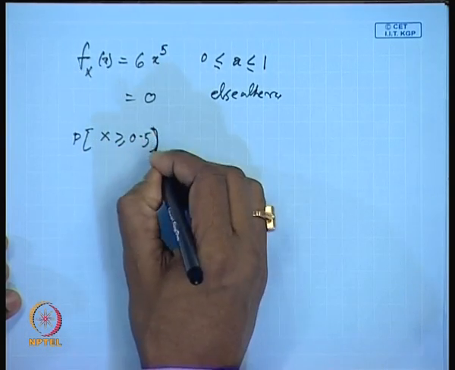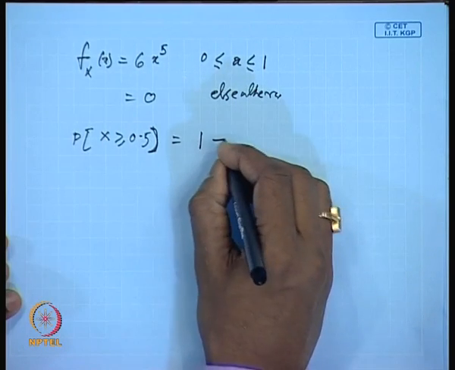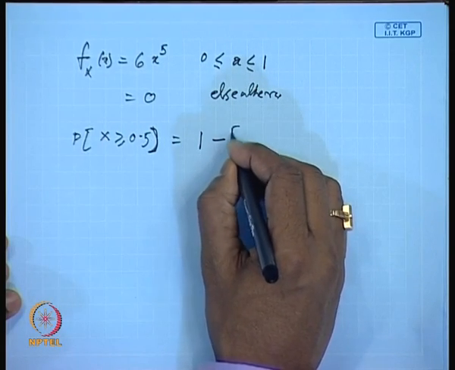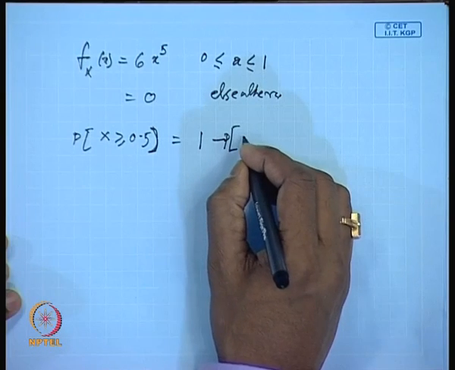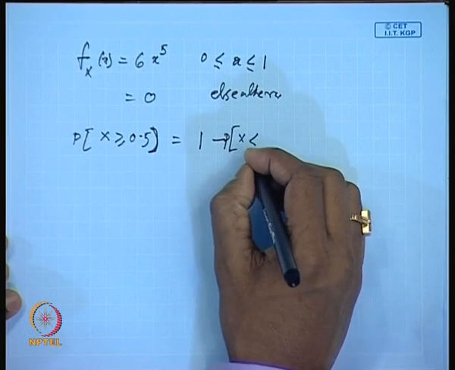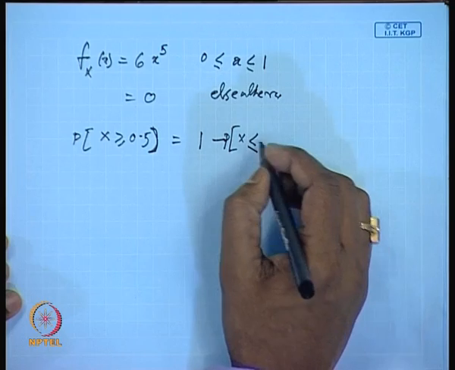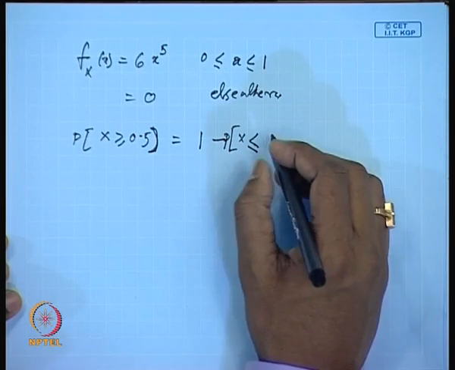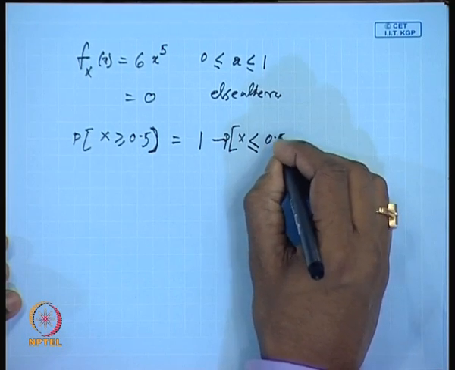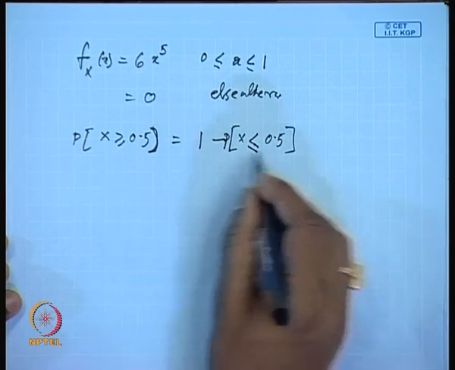This we can express as 1 minus the probability of x less than or equal to 0.5. For a continuous random variable these two are the same.